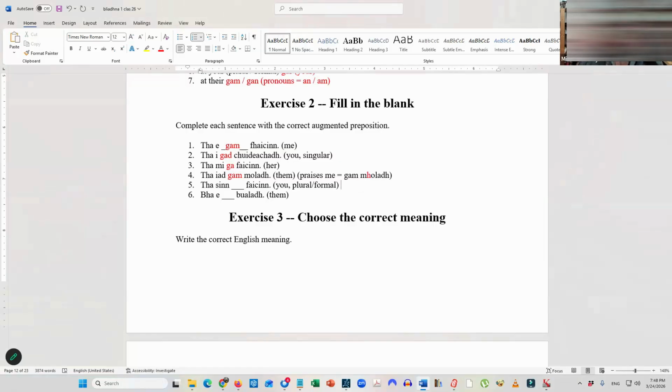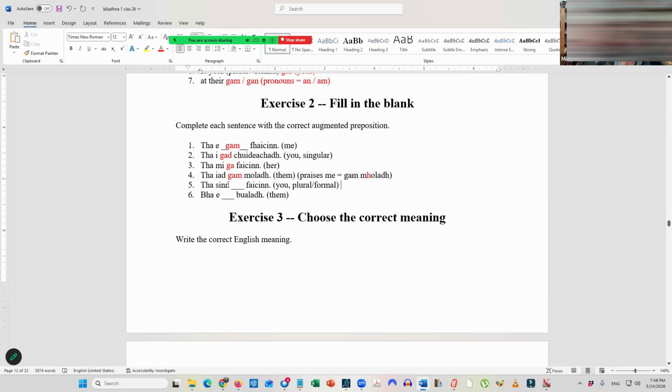This is an example of that. We don't know what "gum" means by itself, not until we see how it affects the following word. If it doesn't lenite it, it's "them" or "their." If it does lenite it, it's "me" or "my."